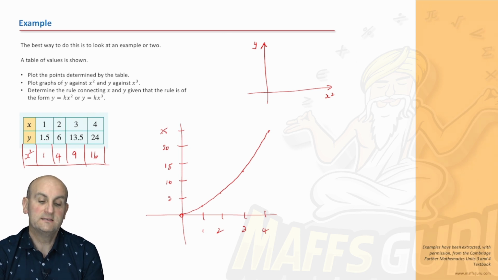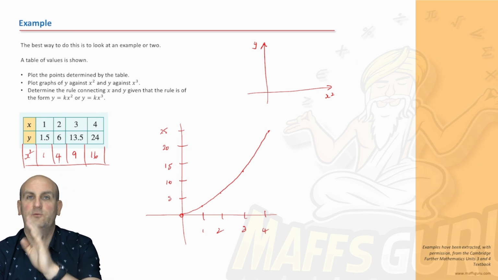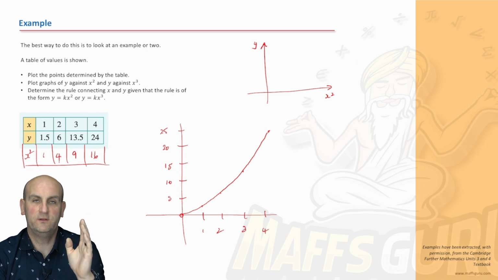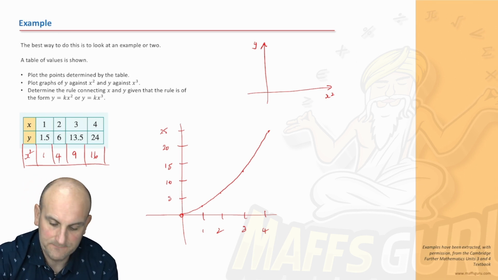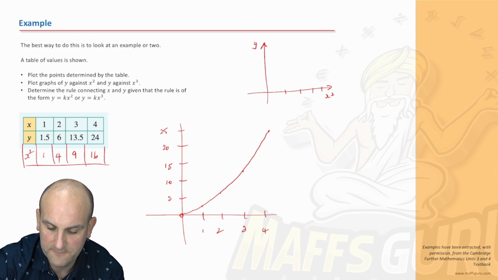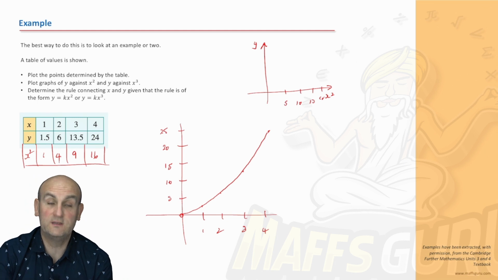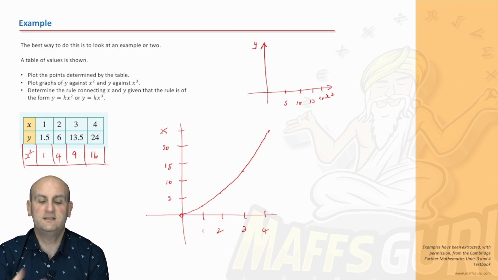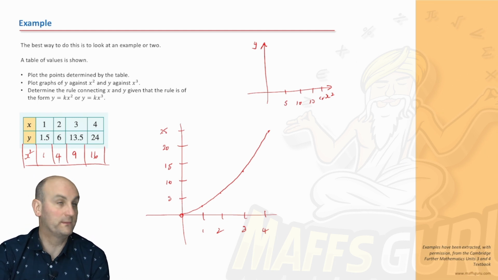Now we wouldn't be plotting the values 1, 2, 3, 4. We'd be plotting the values 1, 4, 9, 16, against 5, 10, 15, 20, and we plot those points. Then we do the same for x cubed. Now, doing this by hand is painful, you think?